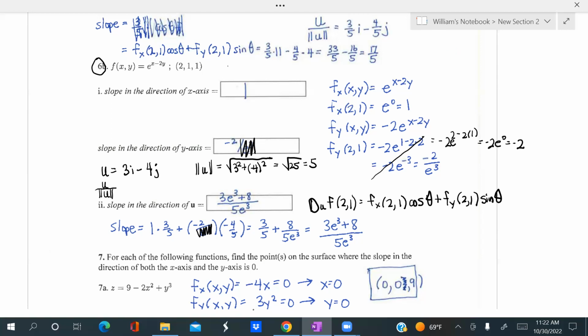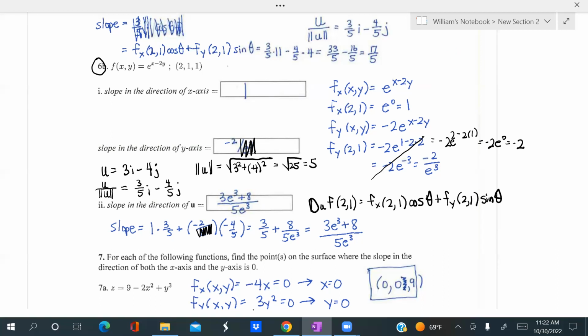All right. So when we divide u by its magnitude, we get 3/5 i minus 4/5 j. So that means the cosine of theta is 3/5. That's the cosine of the direction for the vector u, and the sine of the direction for the vector u is minus 4/5.